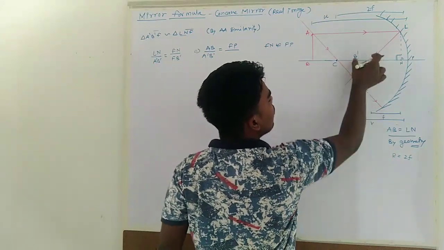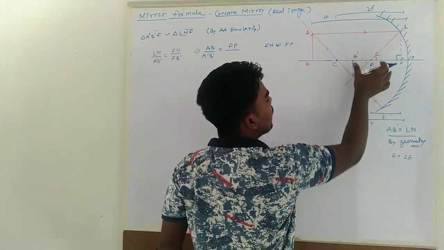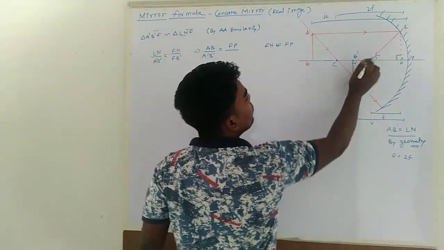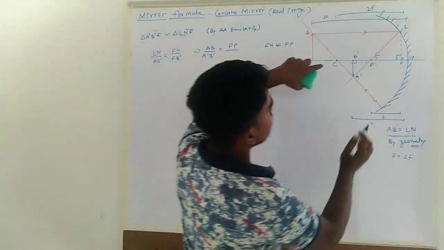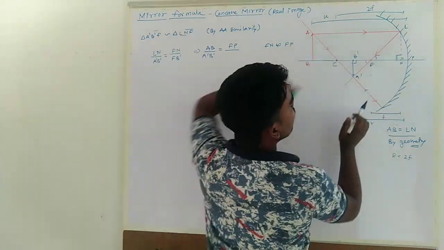Now this distance is unknown, we don't have any name for this. So can we write it in some form which can come in these terms? Fb dash, this distance, can we write this distance minus this distance?